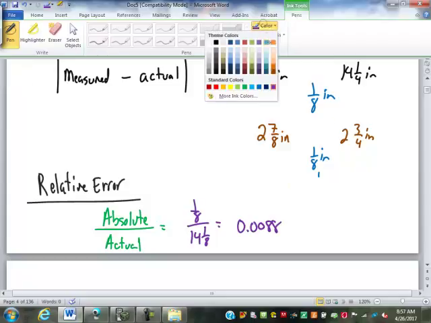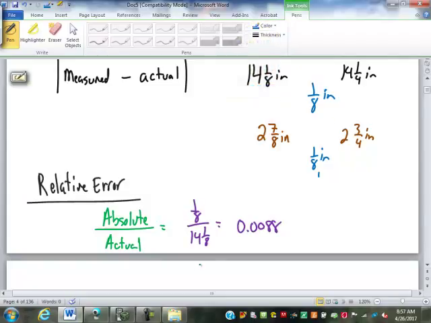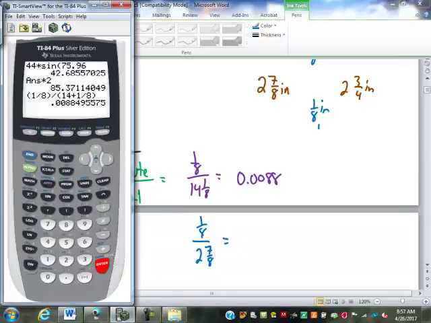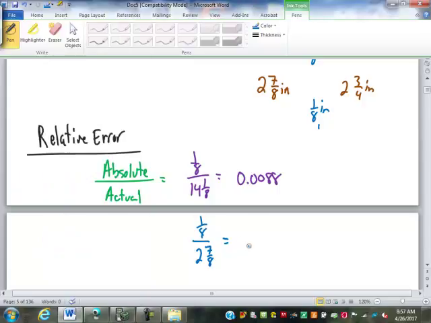For this other one here, it's 1/8 divided by 2 7/8, which is .0435.